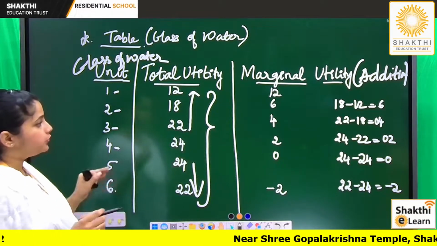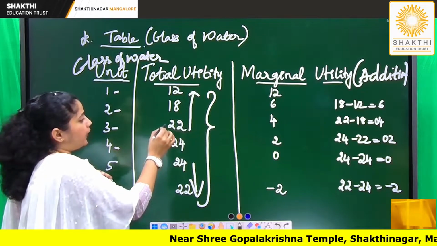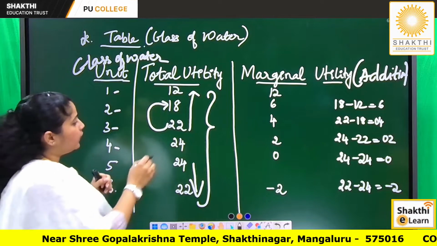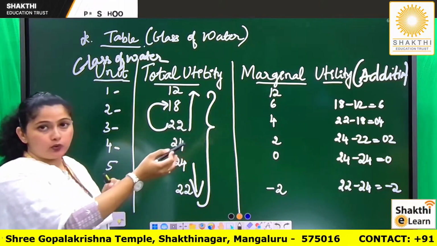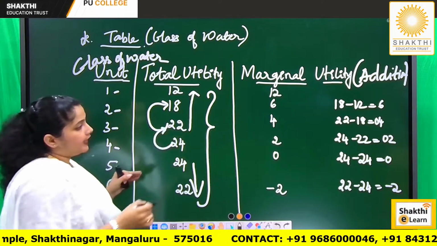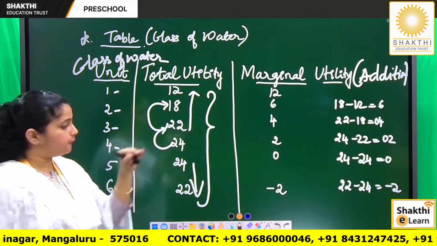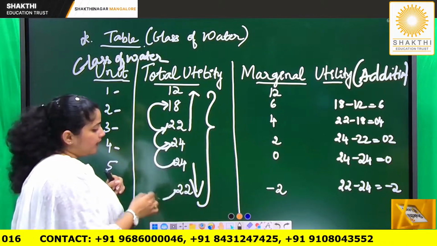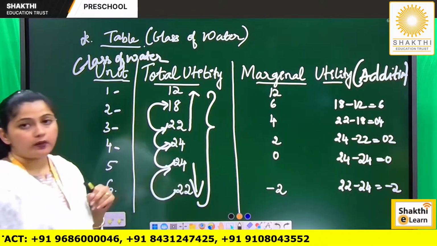What you're supposed to do with the second unit is you subtract 18 from 22, and that is where you will get the amount of 6. Then you subtract 22 from 24. That is where you'll get the amount of 4. Then 24 minus 24, that is why you got 0. And 22 minus 24, that is why you got minus 2.